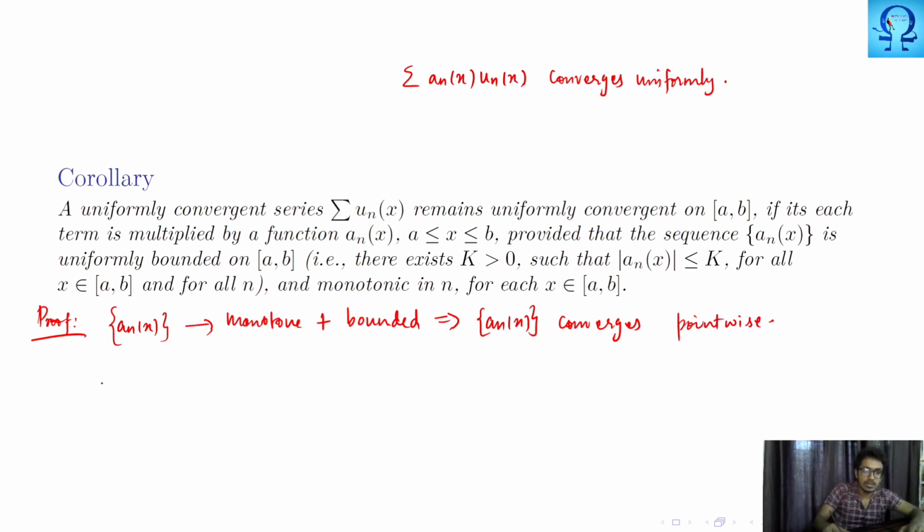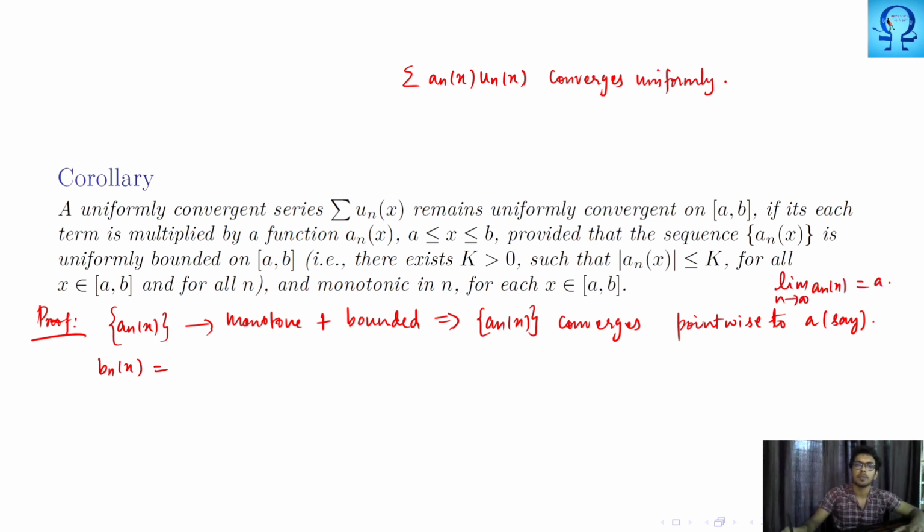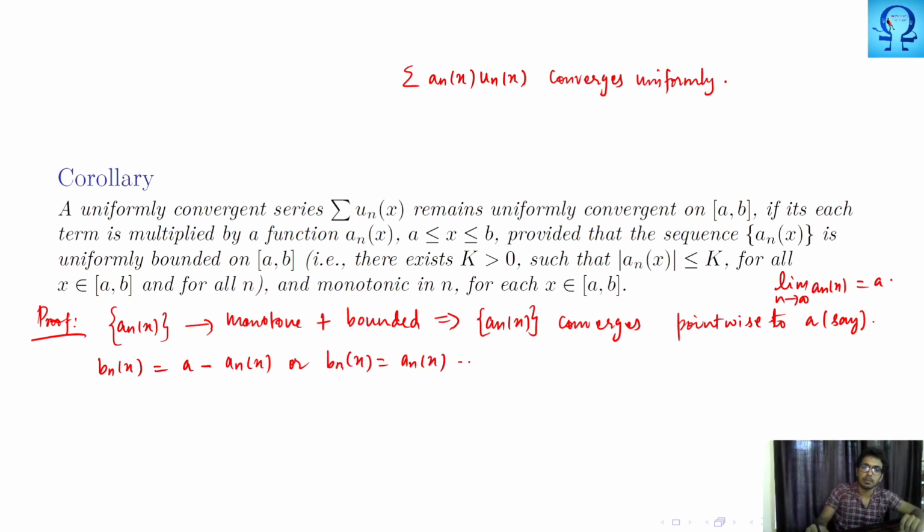Okay, now we shall define Bn of x, and it is converging pointwise to some a, let us say. That is, limit n approaches infinity, an of x is a. We are defining a new sequence Bn of x to be a minus an of x, or Bn of x is an of x minus a, accordingly, whether it is increasing or decreasing.